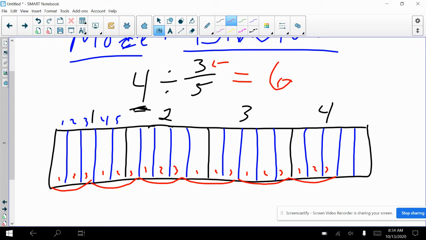Okay, now this is where the confusion comes in my opinion. Because the denominator is no longer 5. Okay, because we're not grouping them by 5s anymore. How are we grouping them? By 3s, right? So that's our denominator. And how many do we have left? 6 2/3 is your answer.